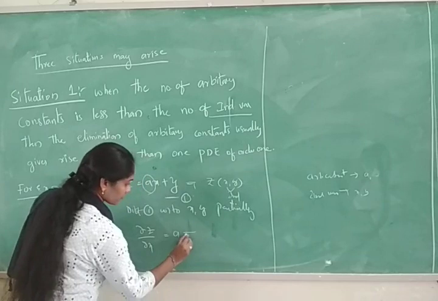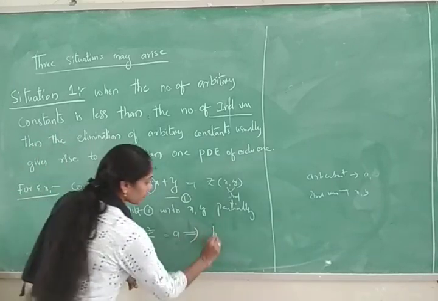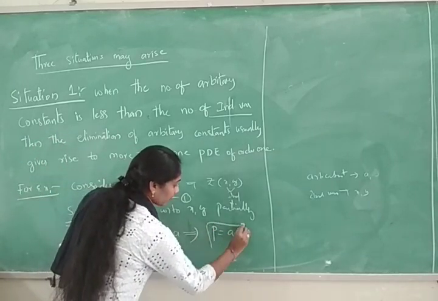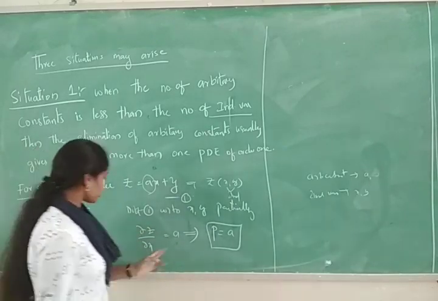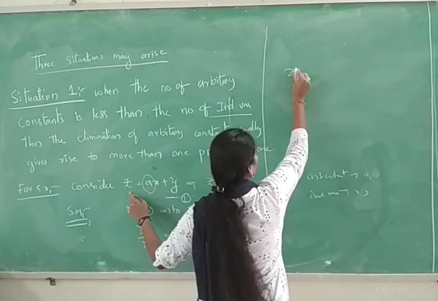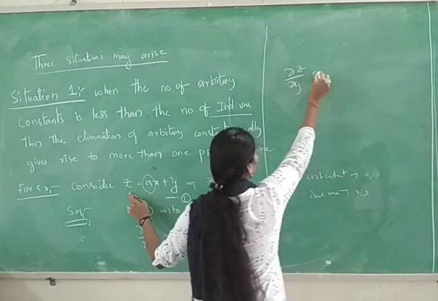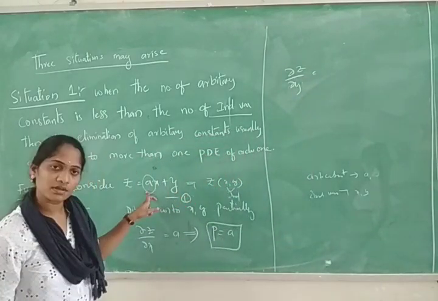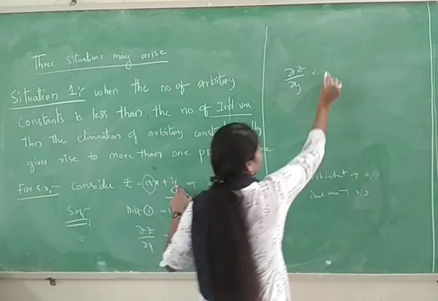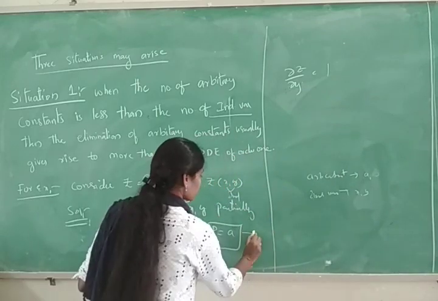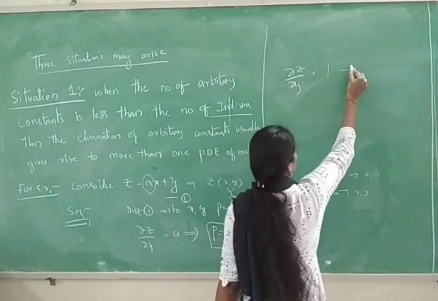So p is equal to a, or you can also say dou z by dou x equals a. Next with respect to y, dou z by dou y is equal to 0 plus 1. Okay? So this is equation 2, this is equation 3.